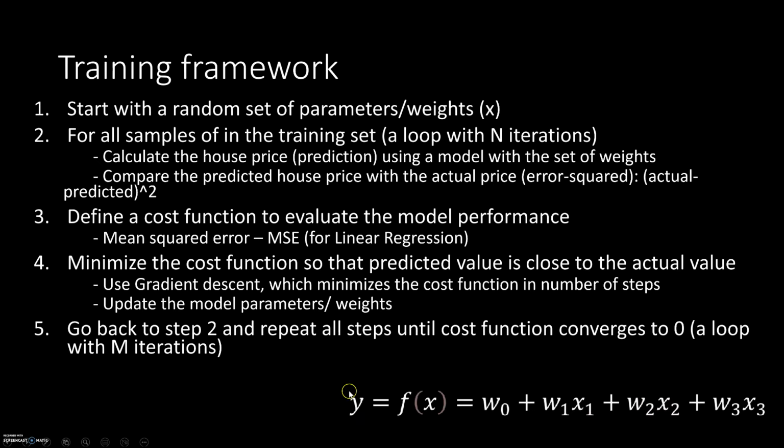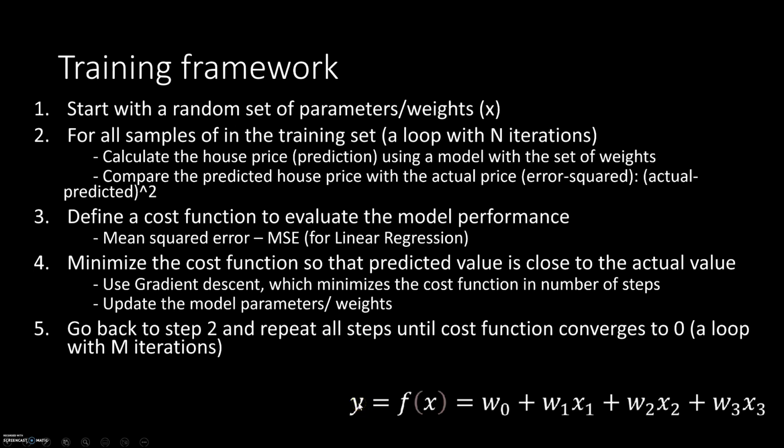Now, this predicted Y may or may not be the same as the actual house price. We want to know the difference between the predicted and the actual house price, because the goal is to make a good prediction. So we find the error.